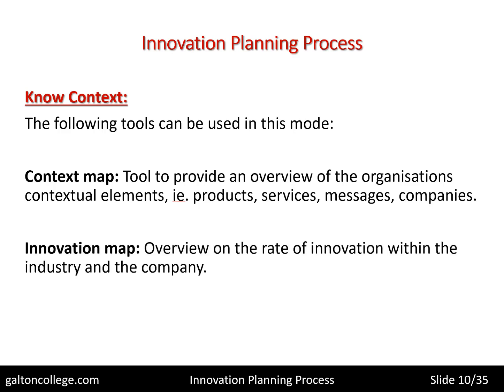There's also an innovation map, an overview on the rate of innovation within the industry and the company. The innovation map really sets out the history of innovation. What are the issues? What has gone right? What has gone wrong in the past? How were they dealt with? What are the obstacles?